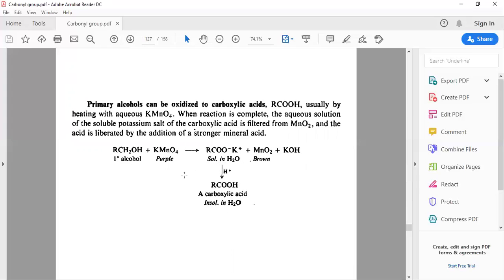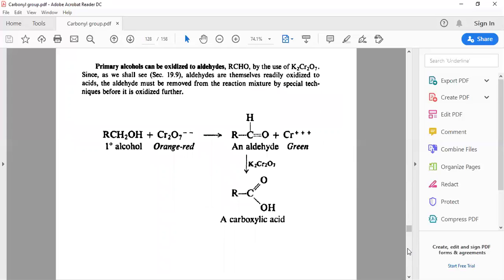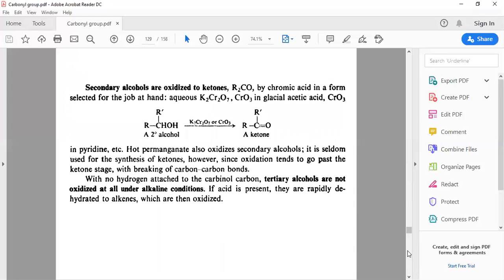And MnO2 is the byproduct formed which gives brown color to the reaction mass. This is the reaction with the chromate, so orange red color formation. It gives the aldehyde and carboxylic acids when we are using primary alcohol. If it is secondary alcohol, then it will form only ketone.